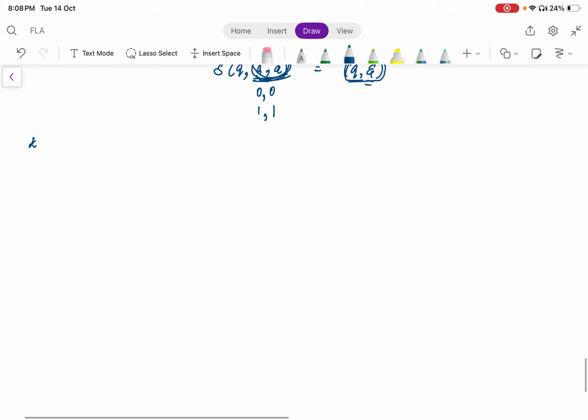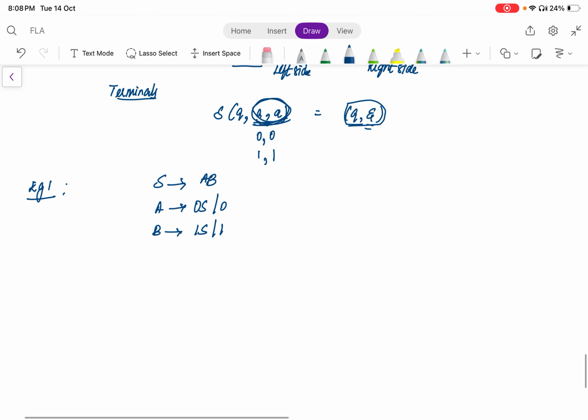Okay. So example 1. Construct a PDA for the grammar S tends to AB, A tends to 0S or 0, B tends to 1S or 1. Okay, so first let's take S tends to AB.